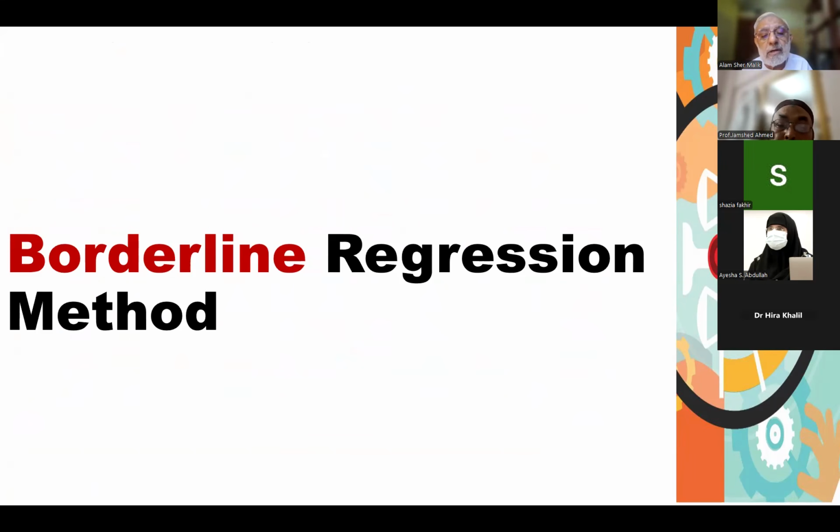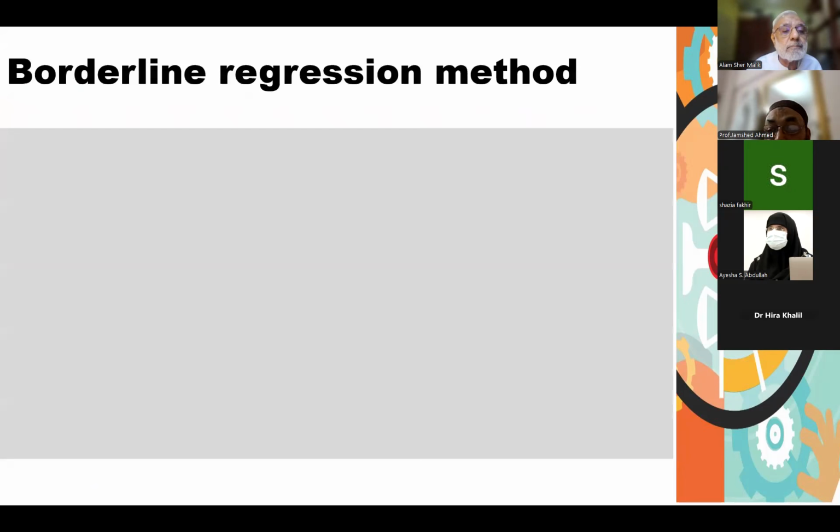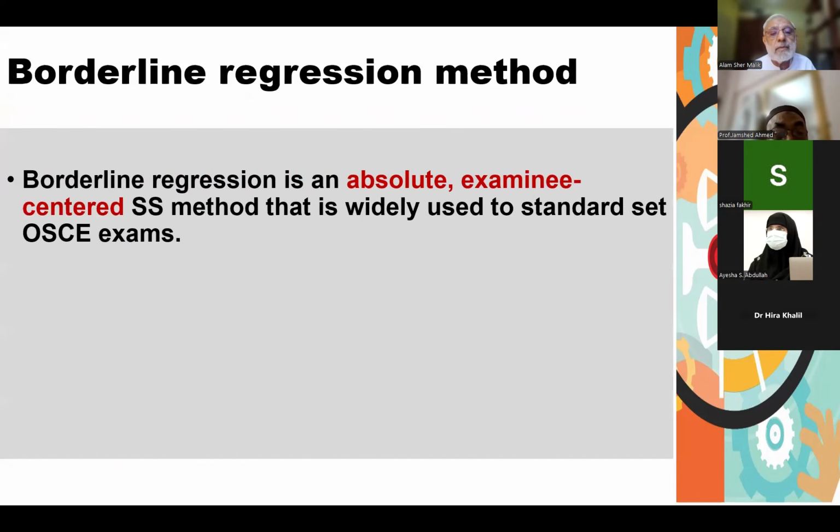Now we will go through the borderline regression method. It's not going to take long, and it's very, very straightforward to understand. As I mentioned earlier, we are using it for our OSCE stations. So borderline regression is an absolute examinee-centered method.